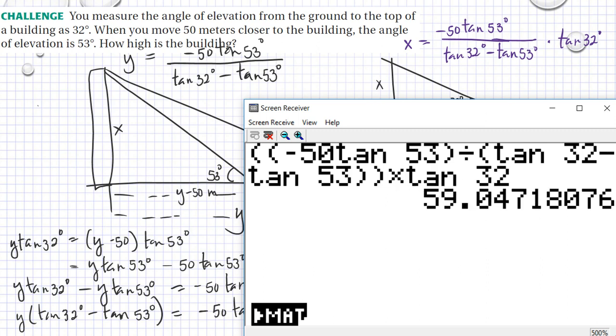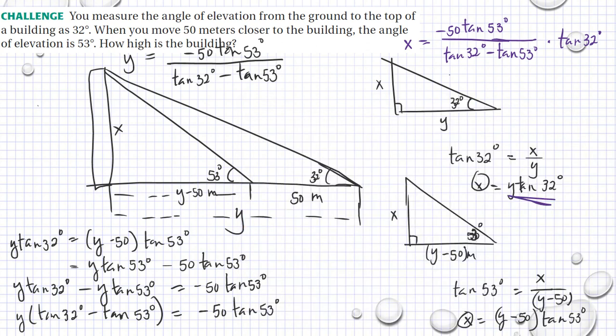Then we have 59. That is approximately the x, or the height of this building, approximately 59 meters.